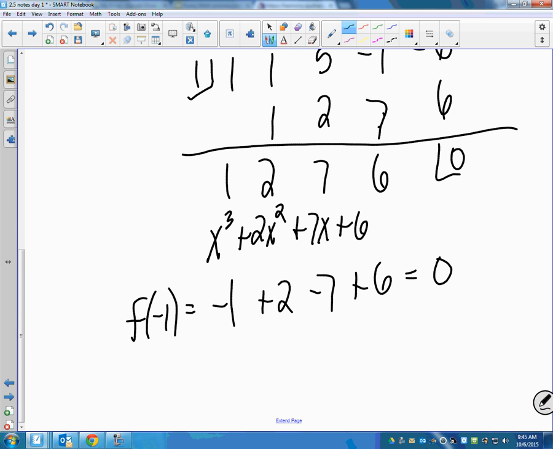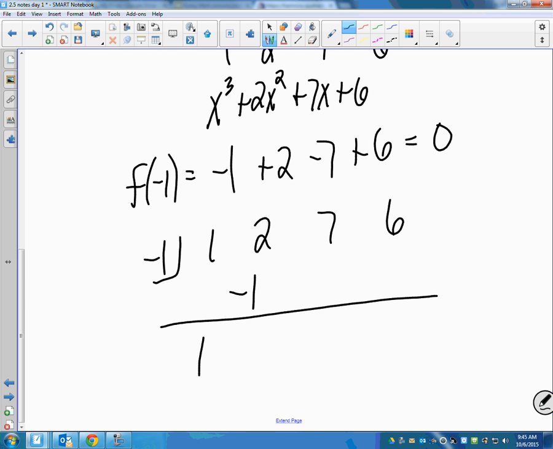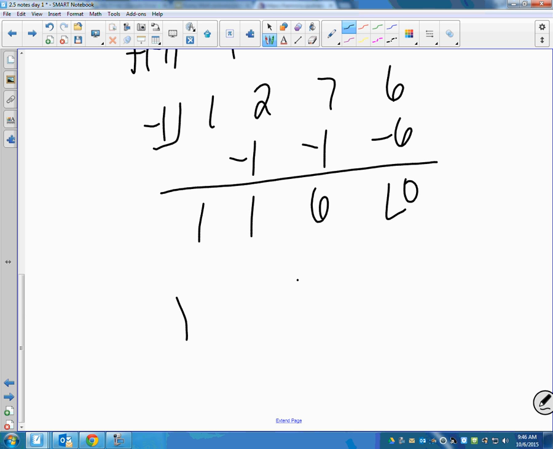So what am I going to do? I'm going to divide it out again. And I'm left with x squared plus x plus 6.